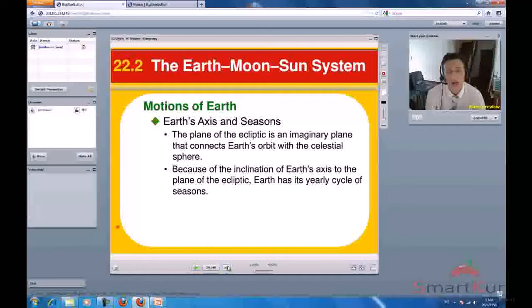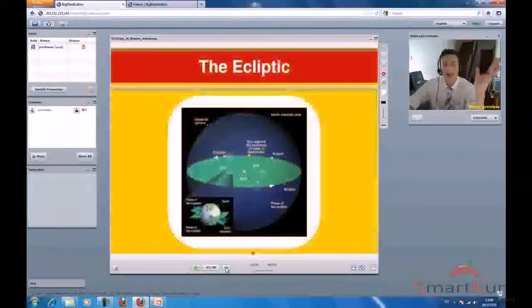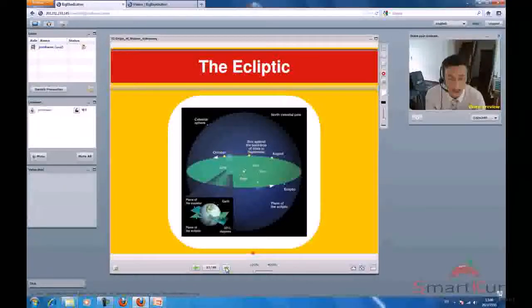For the P, and then A. Perihelion and aphelion. And remember, perihelion is going to occur sometime in January. Aphelion is going to be sometime in July.